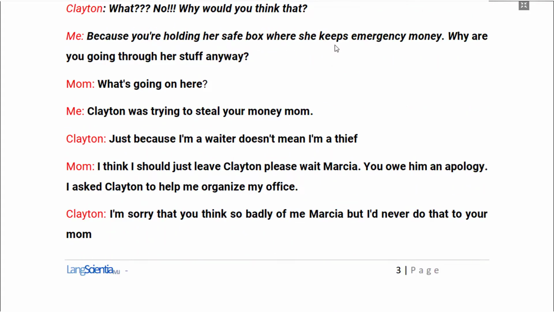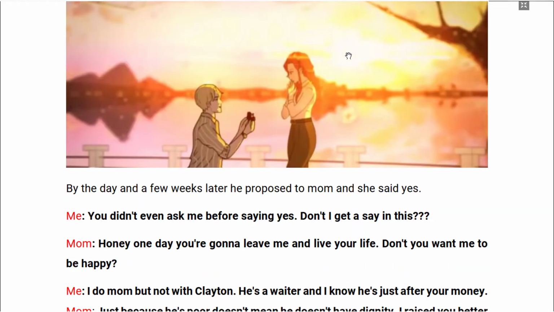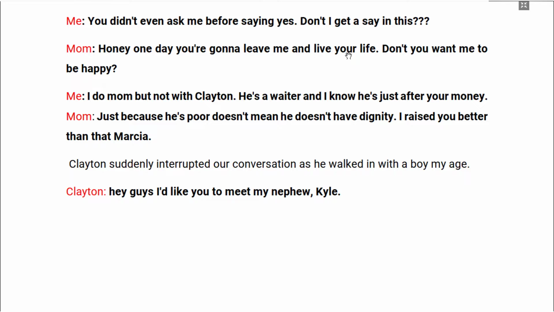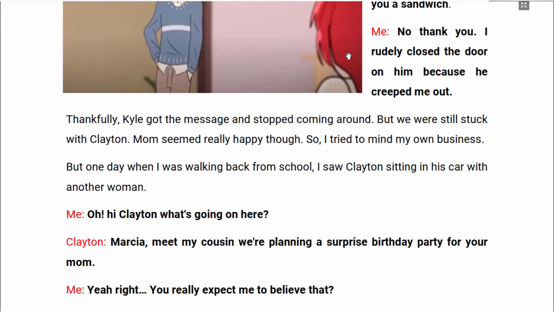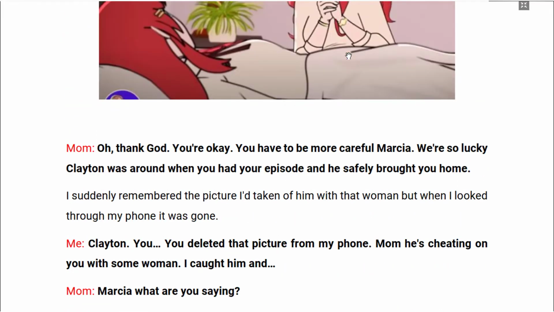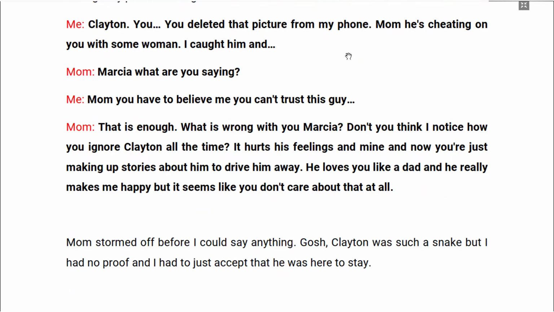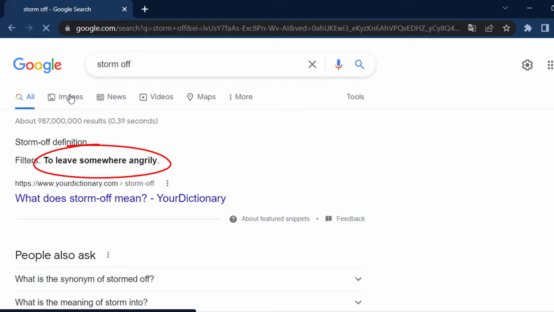So in the stories, you will see 2 types of words you don't understand. You will see the words you don't need to understand the story. And you will see words you feel you must understand to understand the story. For the words you must understand to get the meaning of the story, you can look for them like we used to search for words since the beginning of the course.